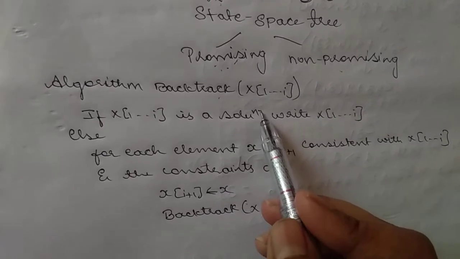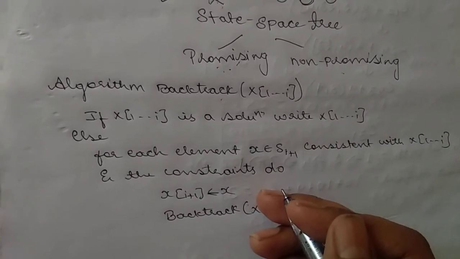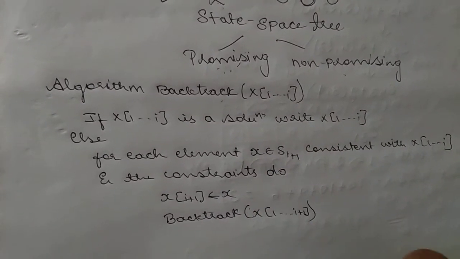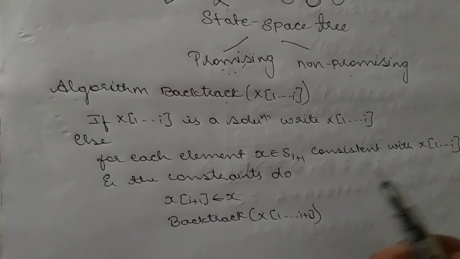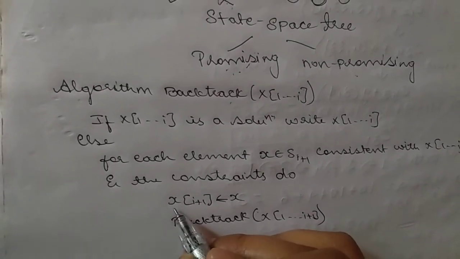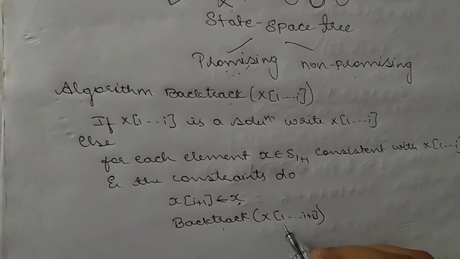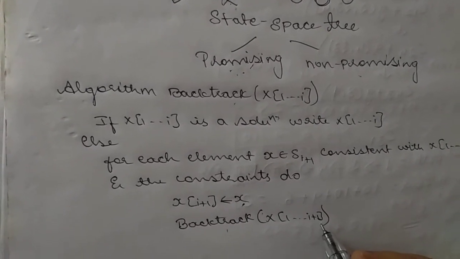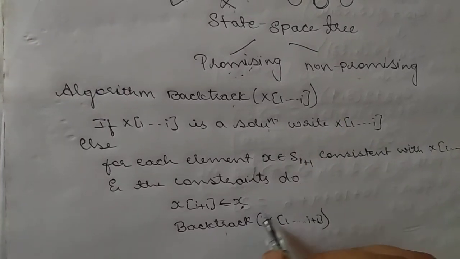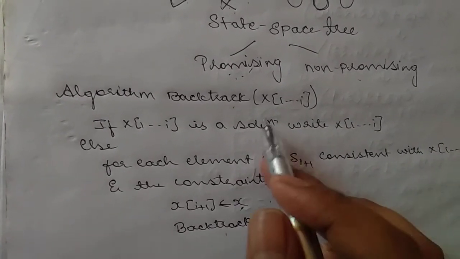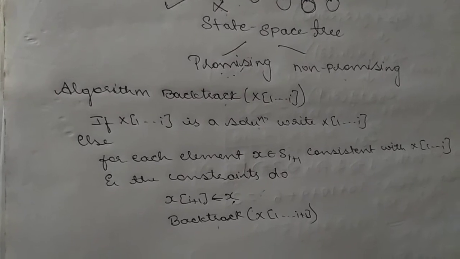Means if this is not the solution, you have to search for each and every component of the tree. Then x of i plus 1 is equal to x. Then backtrack x of 1 to i plus 1. If this is not the solution, then you have to backtrack. If this is the solution, you have to write that as a solution.